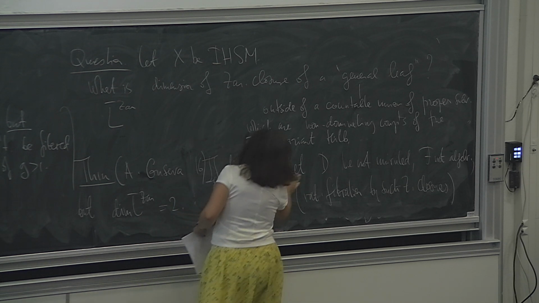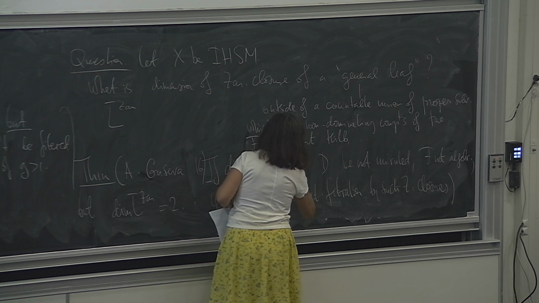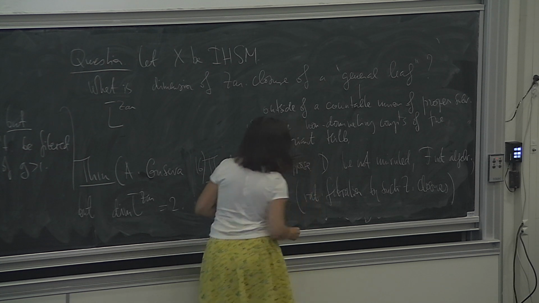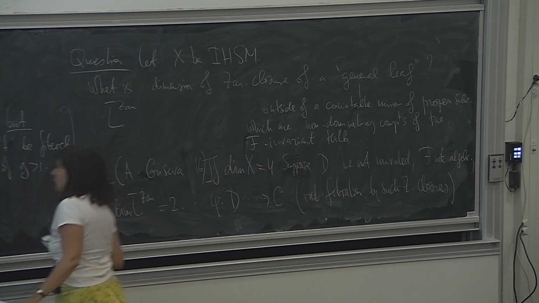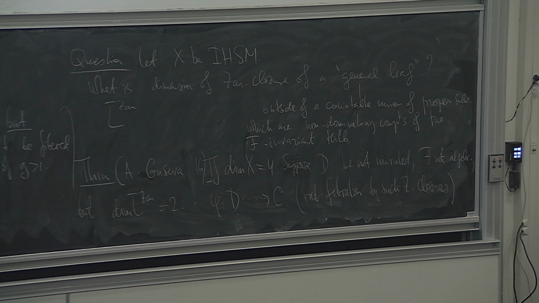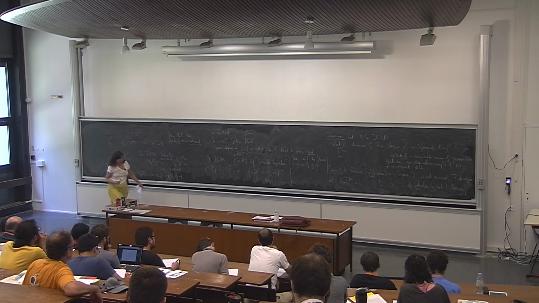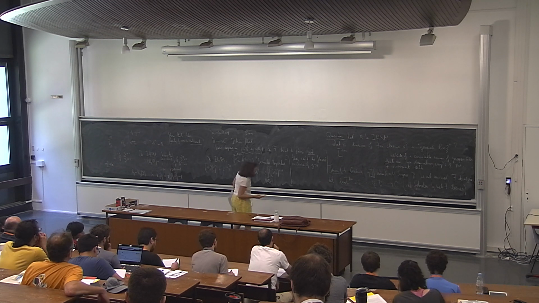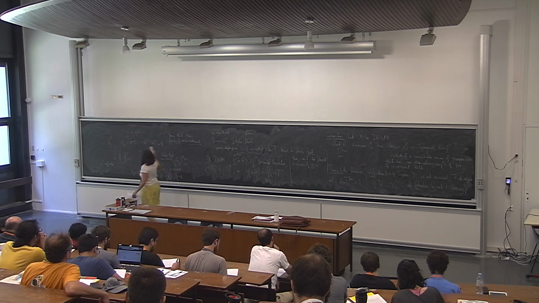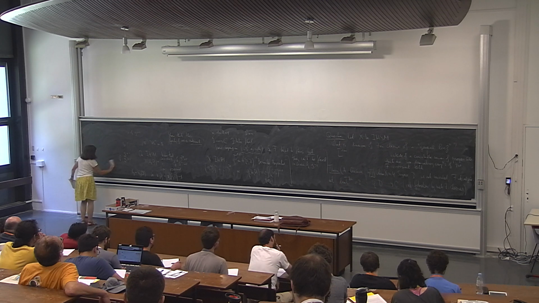So let's see, suppose. So we suppose all this, then this phi is regular, and this is a fibration in Lagrangian tori.